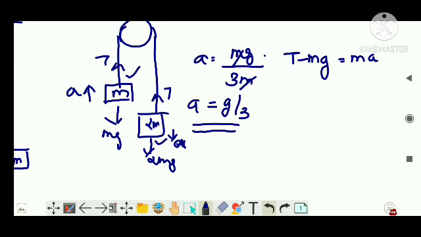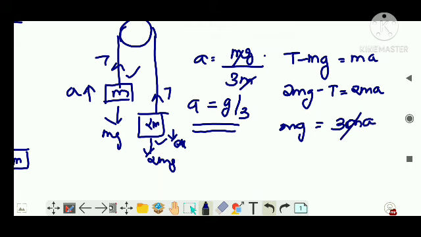For the mass 2m there will be 2mg minus T is equal to 2ma. Then you just add these two, so it becomes mg is equal to 3ma. M cancels, and a is equal to g by 3. You got the same answer as well. This is the quick step; this takes a little more time.